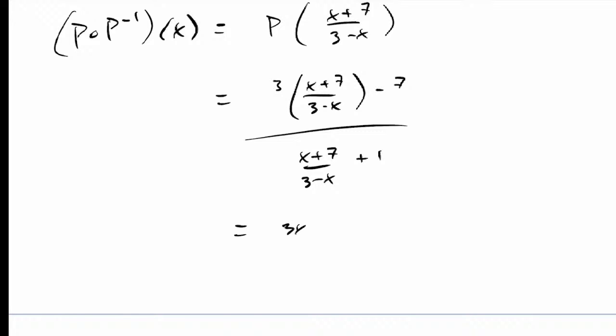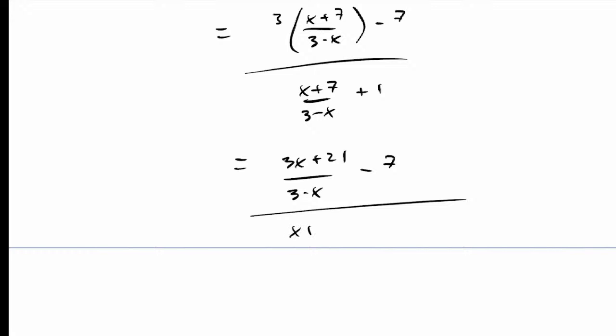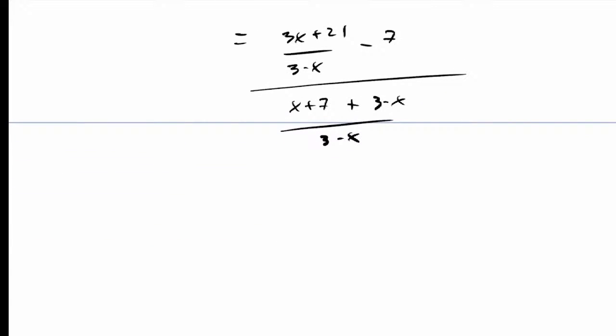And this is 3x plus 21 over 3 minus x, minus 7. I'm looking to get x out of this thing. So I'm just getting a common denominator here. Kind of messy.